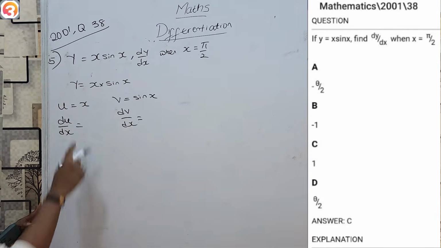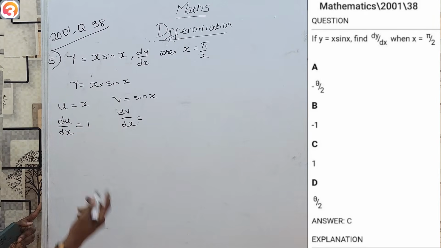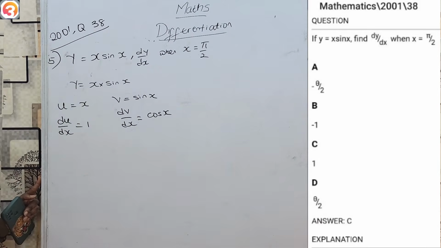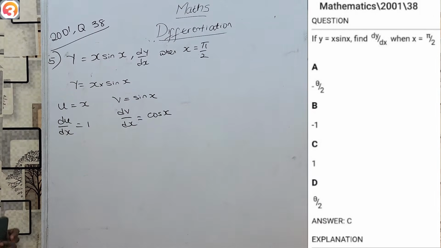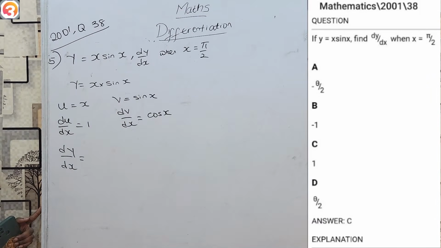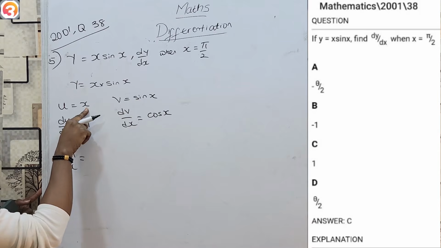What is du dx? Differentiate x, you get 1, as you have on your standard table. And differentiate sine x, you get cos x, also from your table of standard derivatives. And therefore, what's the formula for product rule? Pick any one. Let's say I'm picking u first of all.